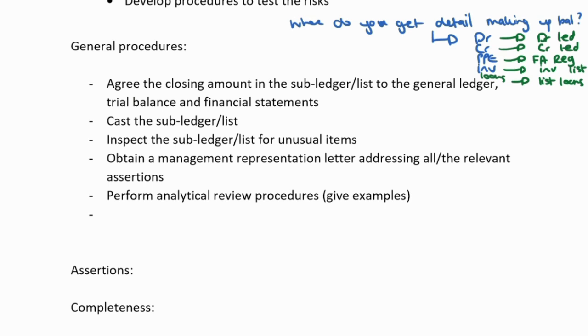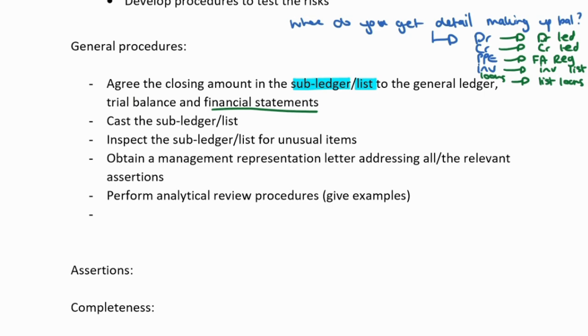So now what's going to change is where you used to have agreeing the total of the journal or the list of transactions, to agreeing the total in the subledger or the list of the specific asset, equity or liability. But I still need to make sure that that total amount that I'm going to be testing, where I'm going to get the detail, which is now in this list or subledger, matches to what's in the financial statements, because that's what I'm expressing an opinion on.